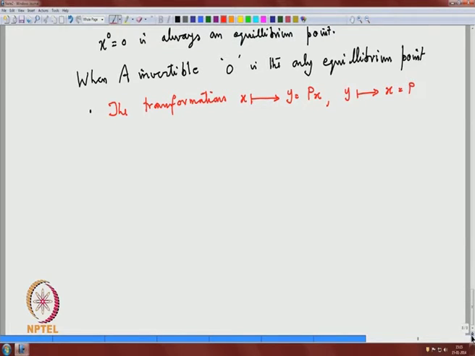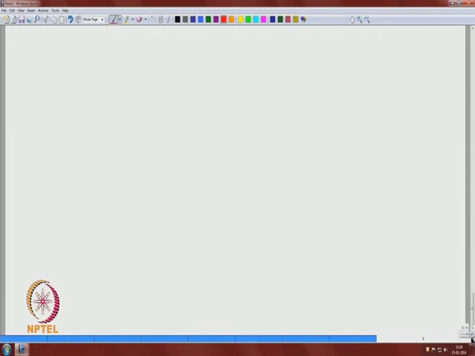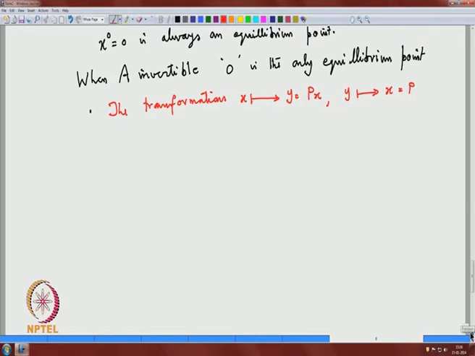Which one is the correct one? Both are fine. y equal to P inverse of x, it does not matter, you can replace that with x equal to Py. These are linear transformations, this is important, not some arbitrary transformations. Why is it linear? Because P is a matrix.